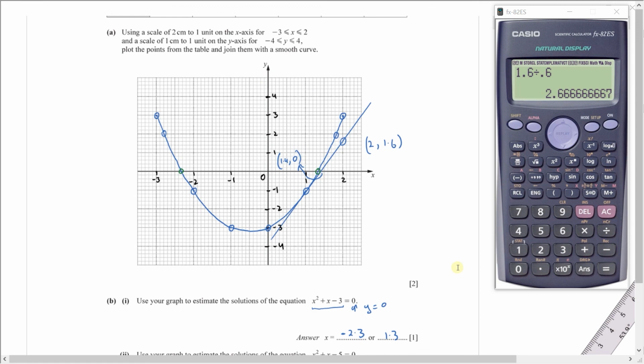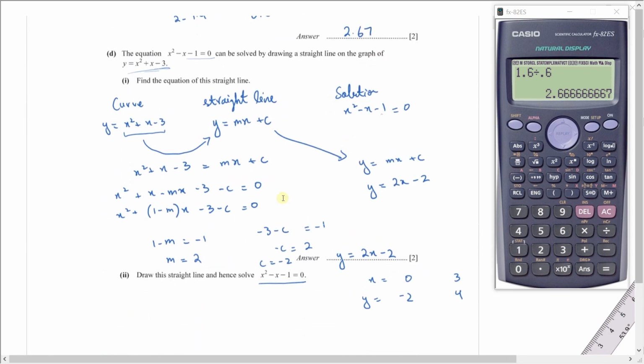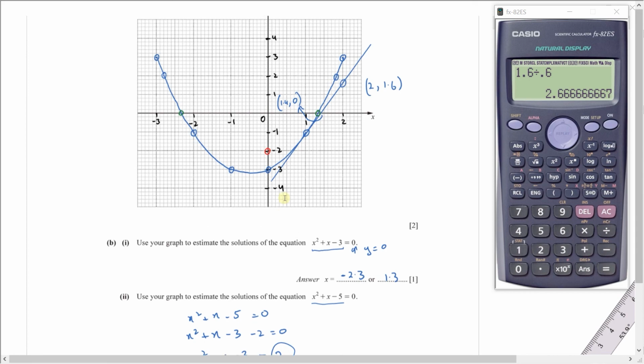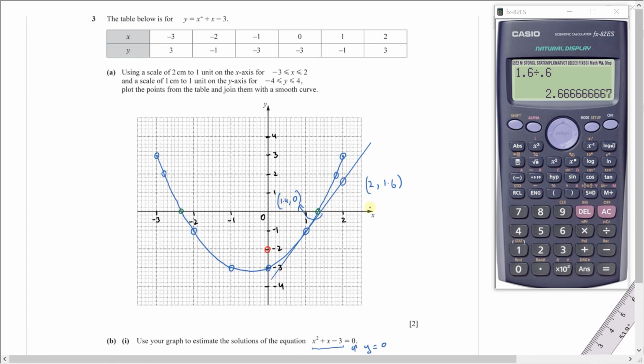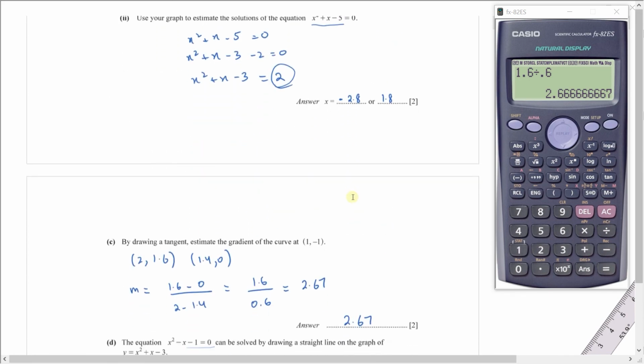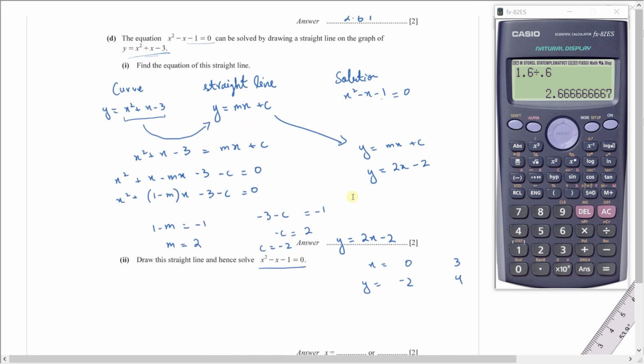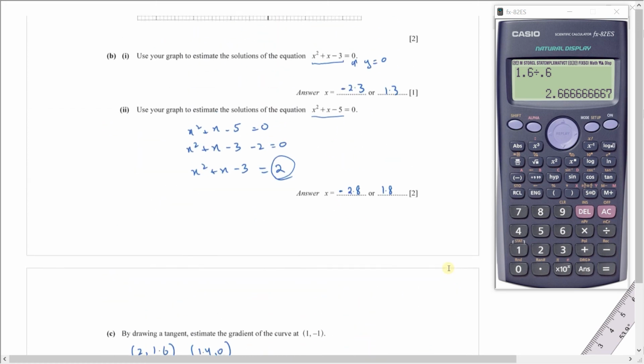So let's plot this. 0 and -2 will be this one. And the other point was 3 and 4. So in fact, 3 and 4 is outside the grid. So let's take another point here. Let's take x equals to 2. So 2 2s are 4, 4 minus 2 is 2. So at x equals to 2, y value is 2.